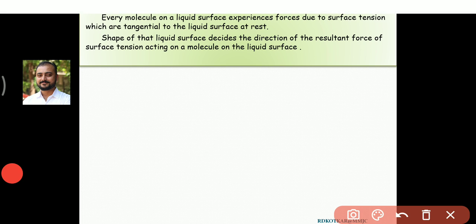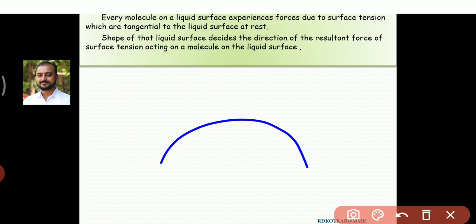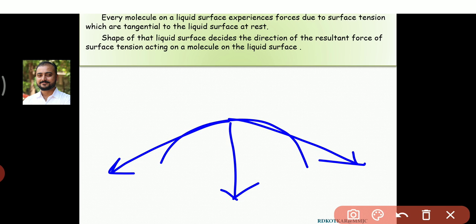If this is a concave surface, the direction of the resultant force due to surface tension is like this. With a concave meniscus, the resultant force due to surface tension is in the upward direction. In the other case, if you consider a convex meniscus, this is the direction of the force due to surface tension and the resultant is directed in the downward direction.